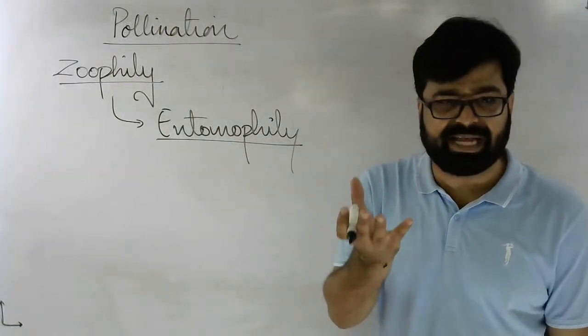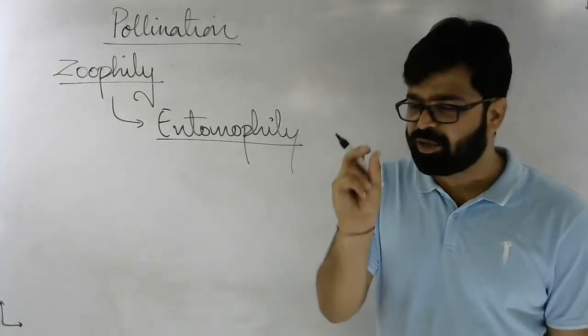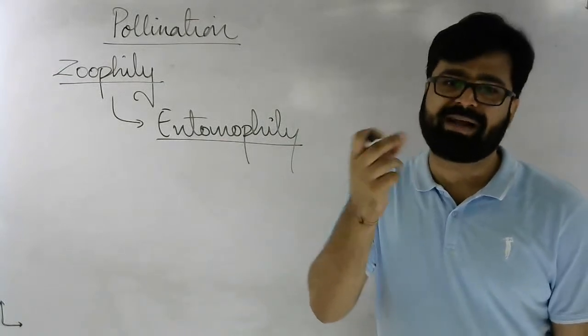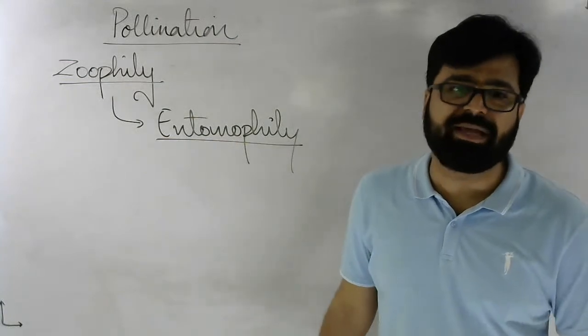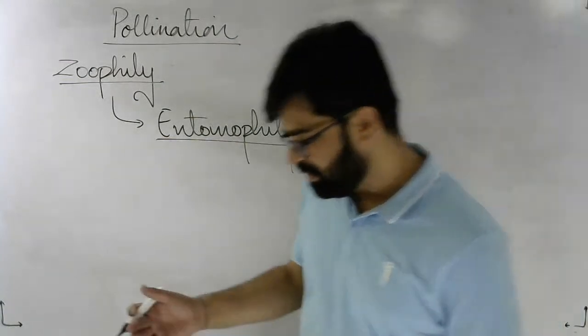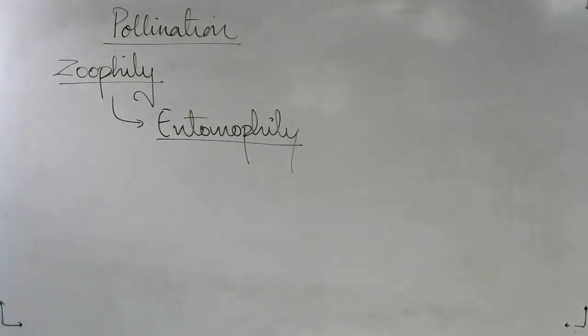Either their petal size should be more, because if it is a small flower, even if attractive, it will not be pollinated by insects, right? There should be a landing platform also. I have told you they should produce nectar. They should have a pleasant odor.